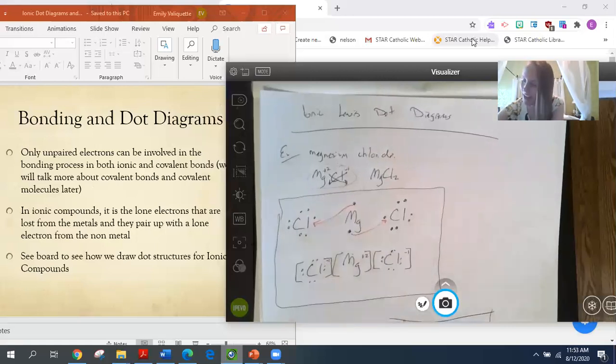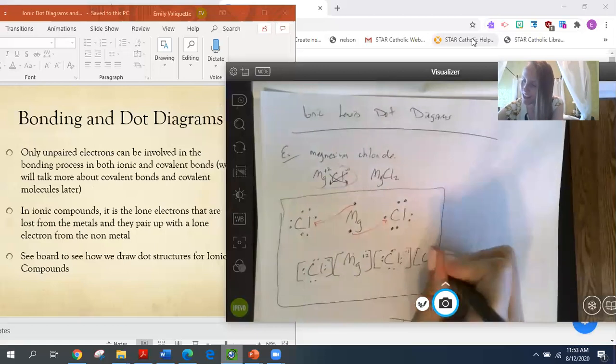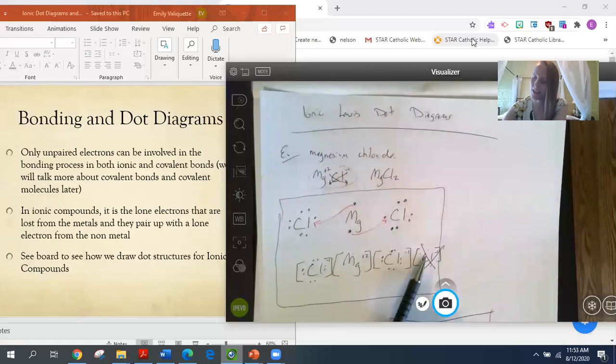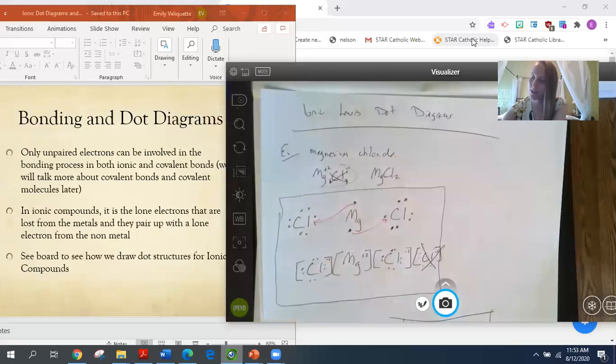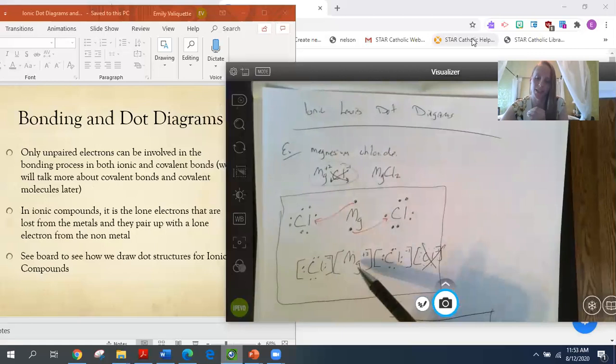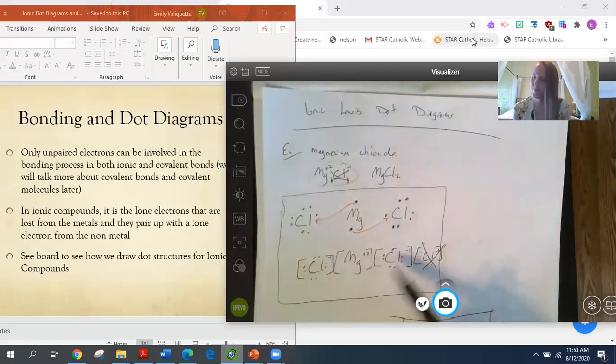You cannot have your chlorine drawn over there. It has to be touching the metal. It cannot be touching another non-metal. Okay, so I could have drawn this chlorine down here at the bottom instead, underneath the magnesium. That would also have been fine, but it has to be touching the magnesium. It cannot be touching the other chlorine.